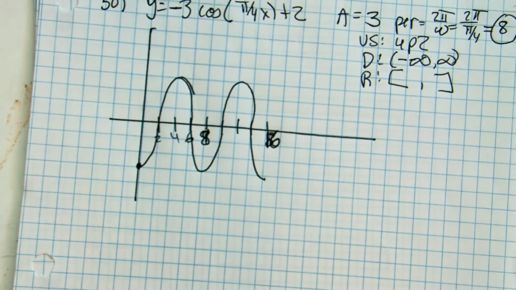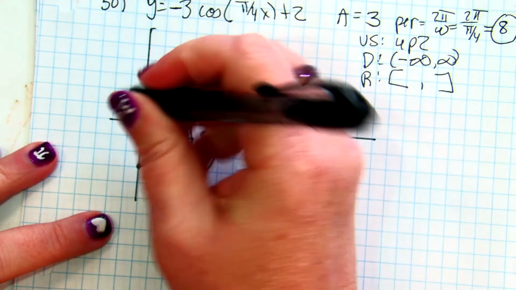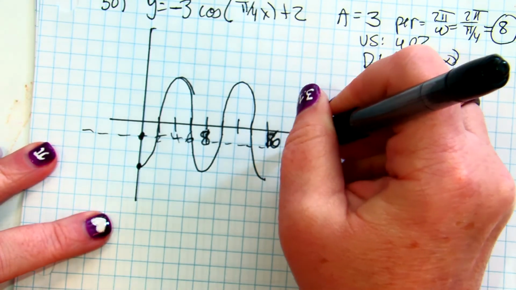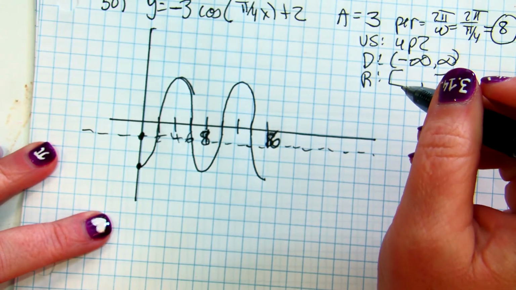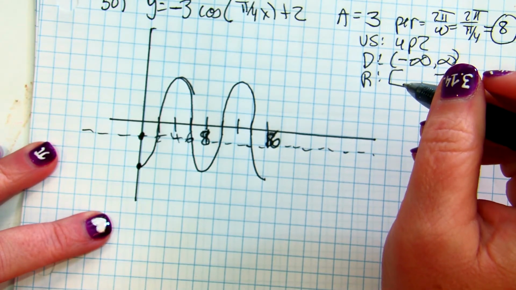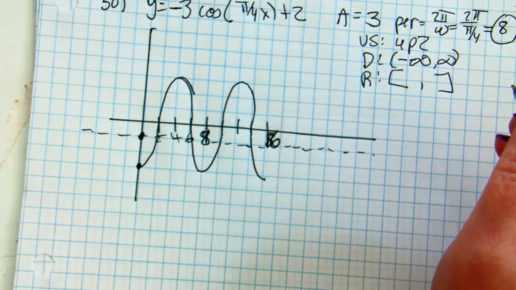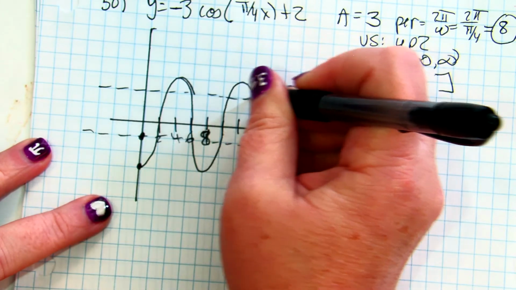Then we move the graph up 2 units. So I'm going to draw a horizontal dotted line at, I should draw it at up 2. That would make more sense.